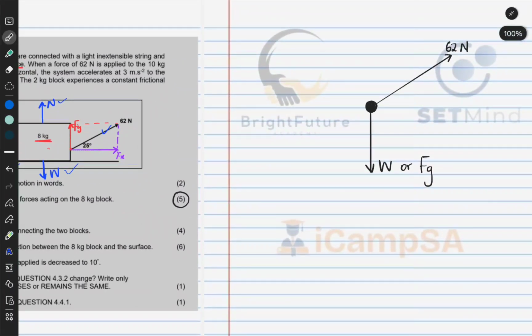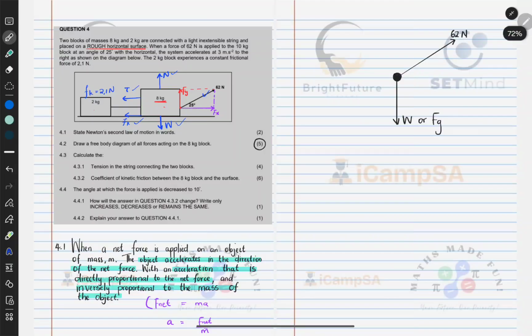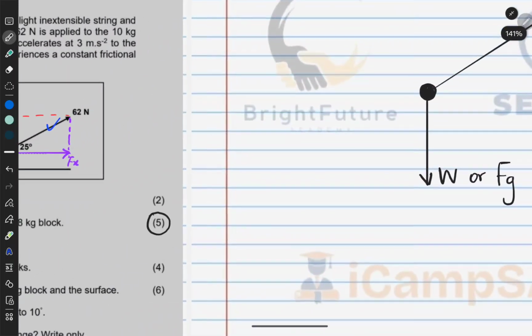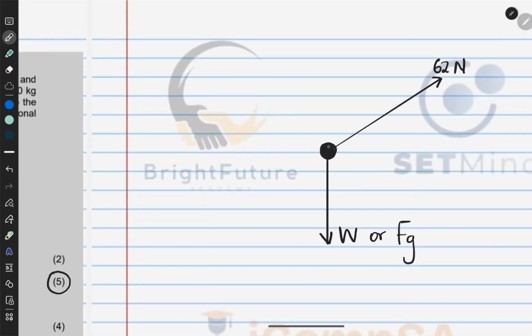It's up to you or your teacher or your school, whichever one you prefer. And then this angle, you don't have to put it here. It's fine. You can leave it like this. And then you have the normal force, N. Some people decide to call it Fn. It's up to you, or it's up to how you were taught in school.